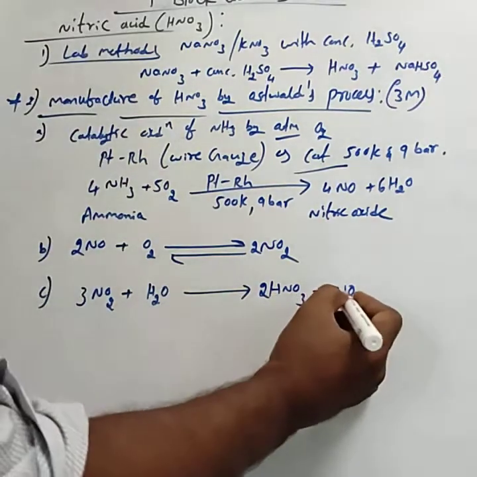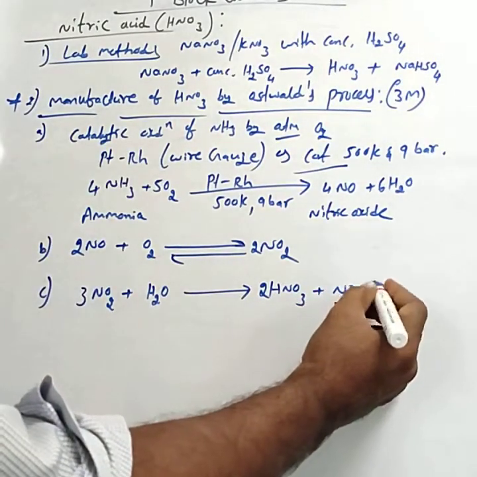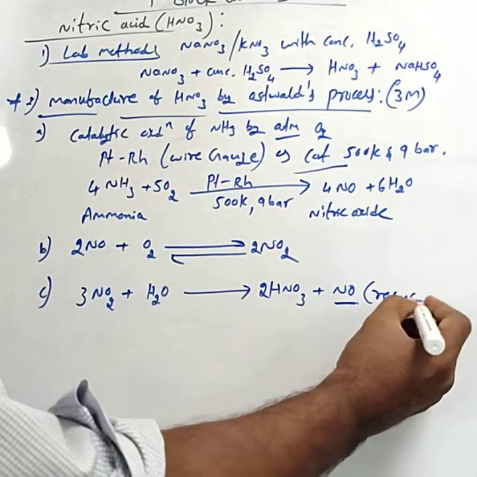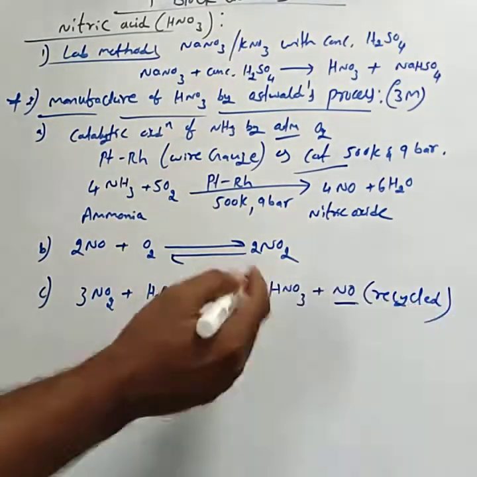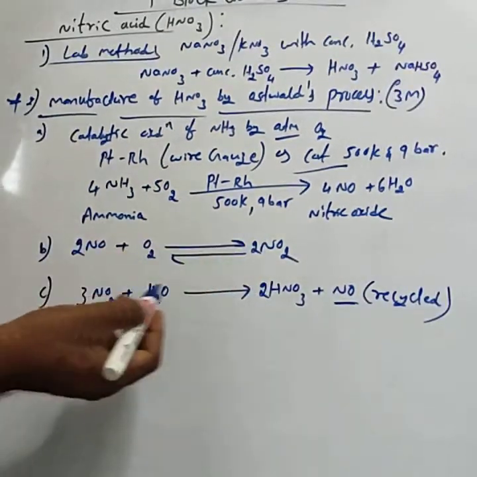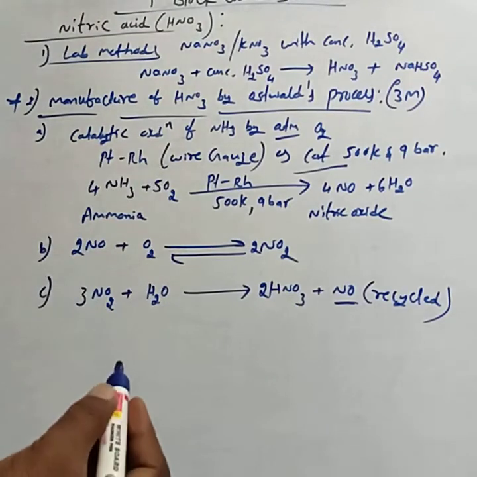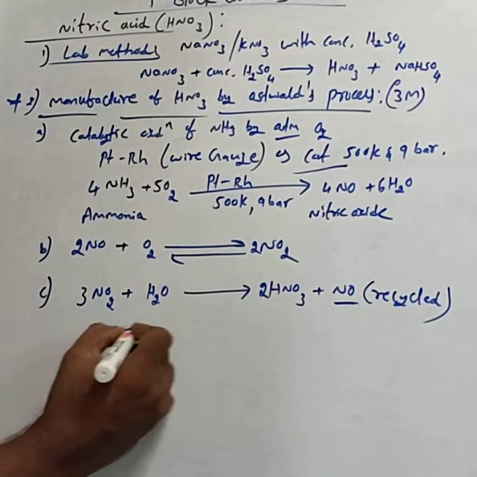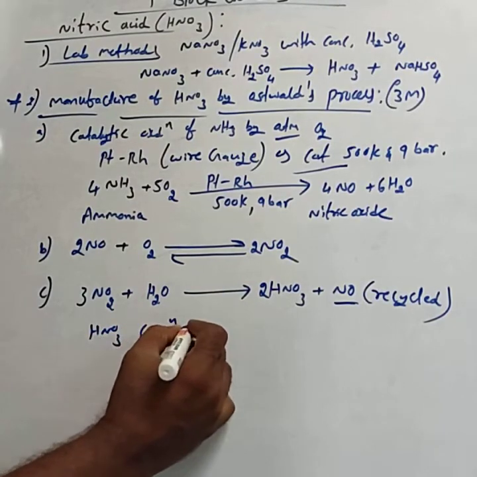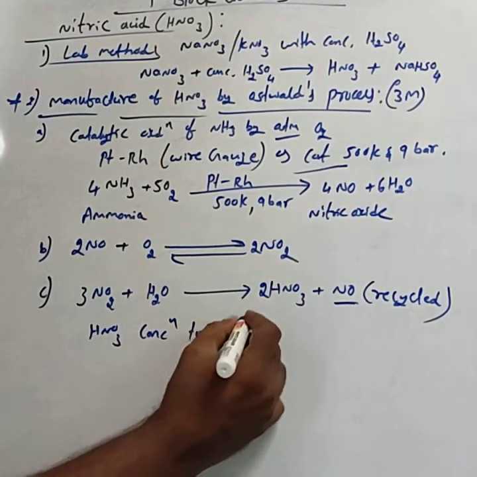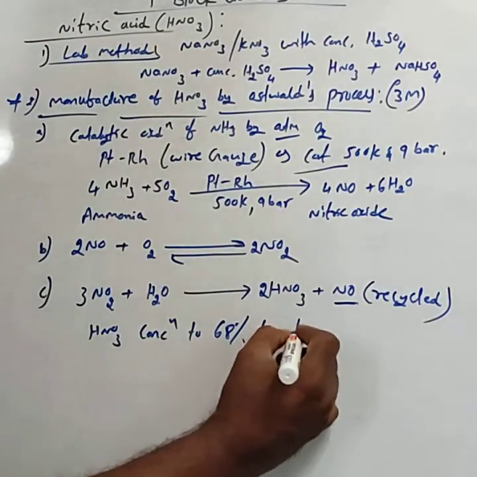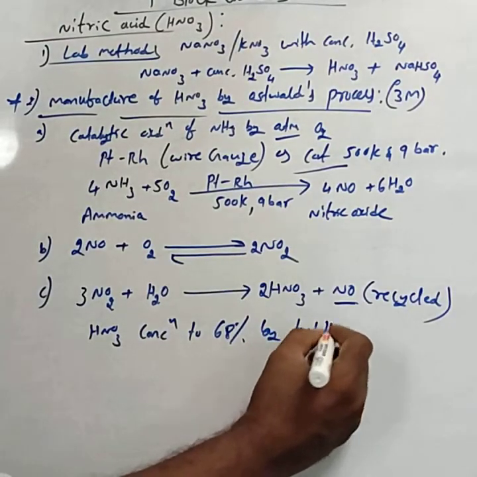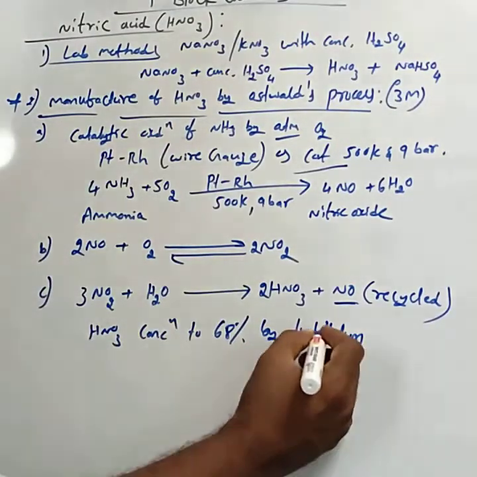The formed nitric oxide is recycled. Again NO is oxidized to NO2, NO2 is absorbed by water, and then you get HNO3. The HNO3 formed is concentrated to 68% by mass by distillation.